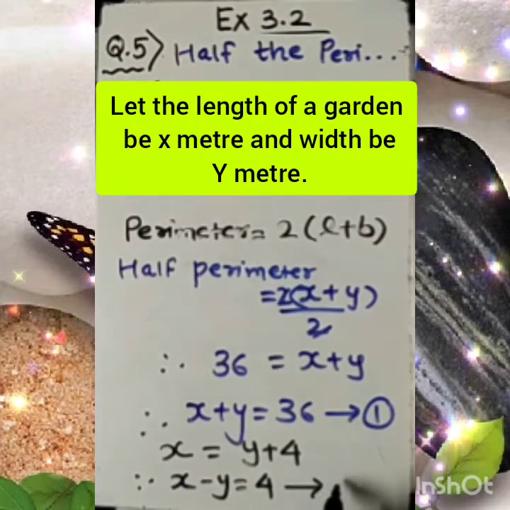Let me say this is number 2. Now let's work out both of these equations: x plus y equal to 36 and x minus y equal to 4. Let's apply the graphical method for that.